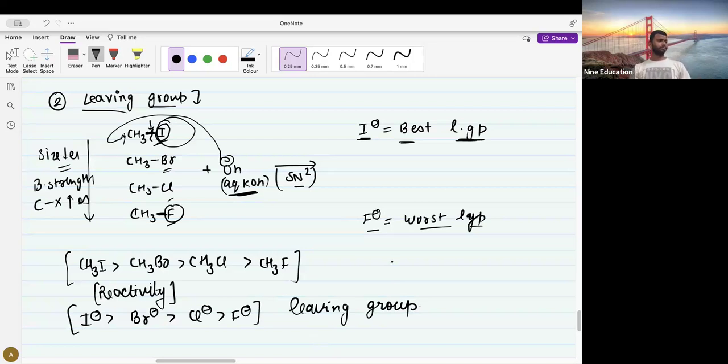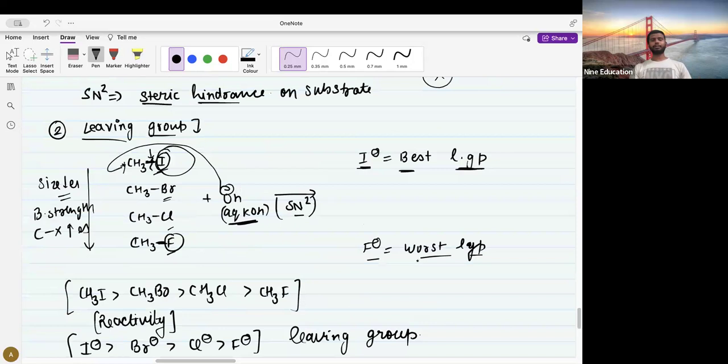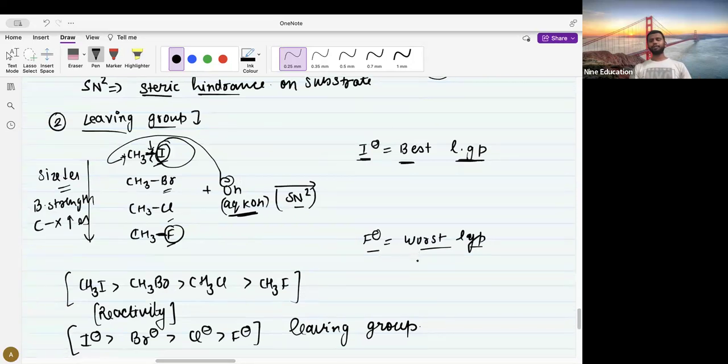Okay. So one question only you have to solve. Write all this. I am giving you 1 minute, write this. Now we will do questions. These are two factors: one is the steric hindrance, the other is the leaving group.